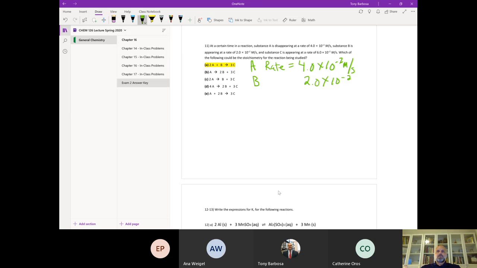The percent ionization problems. It was 16.10. It was a merge of 16.10 and 16.11. So if you can find the sample problems, or if you look at problem 16.10 and 16.11, it's a merging of those two problems.